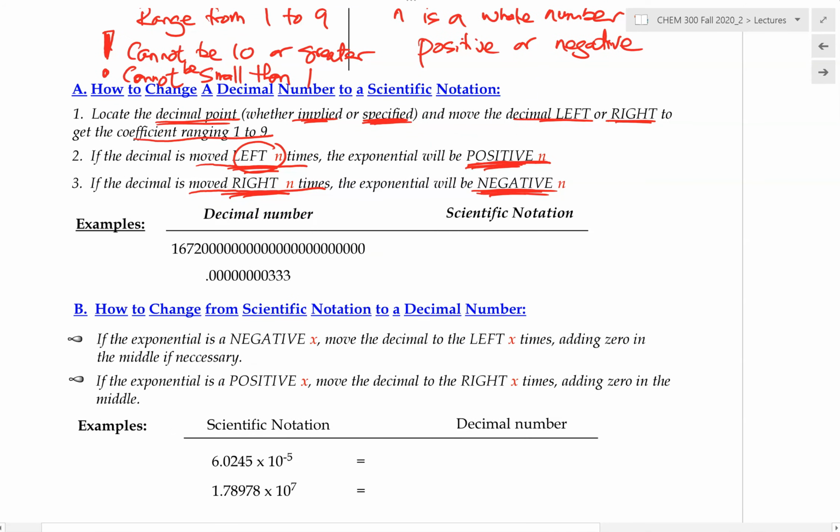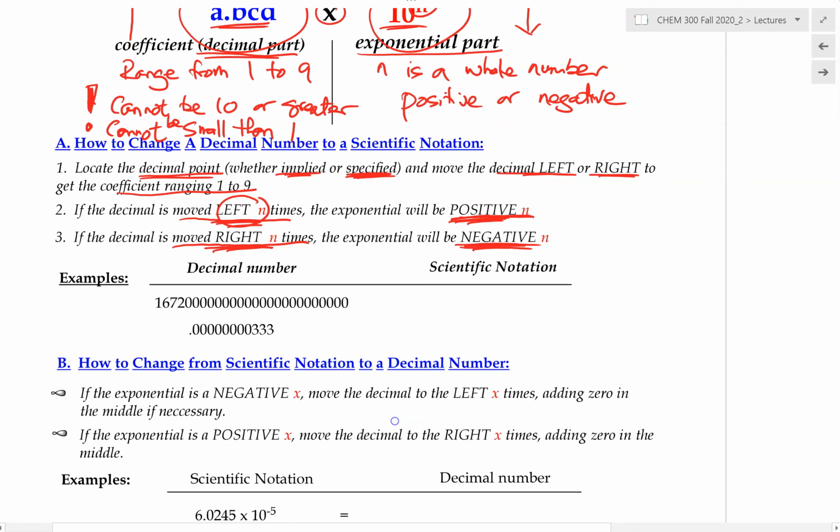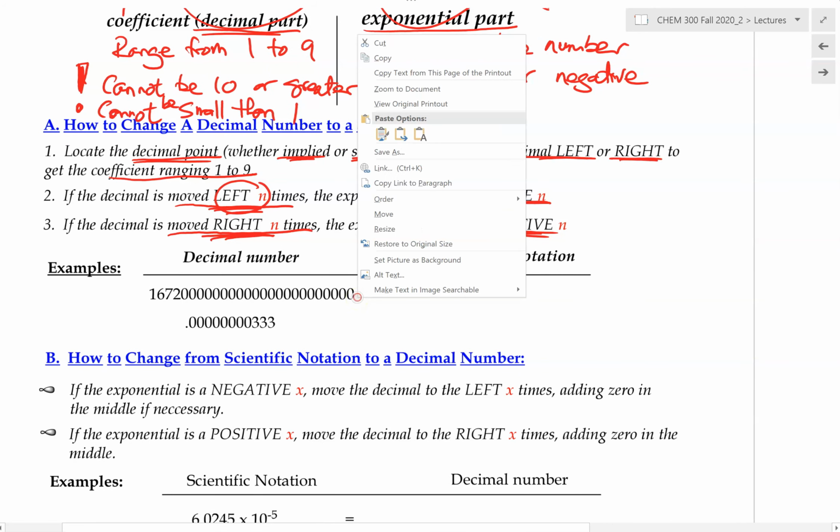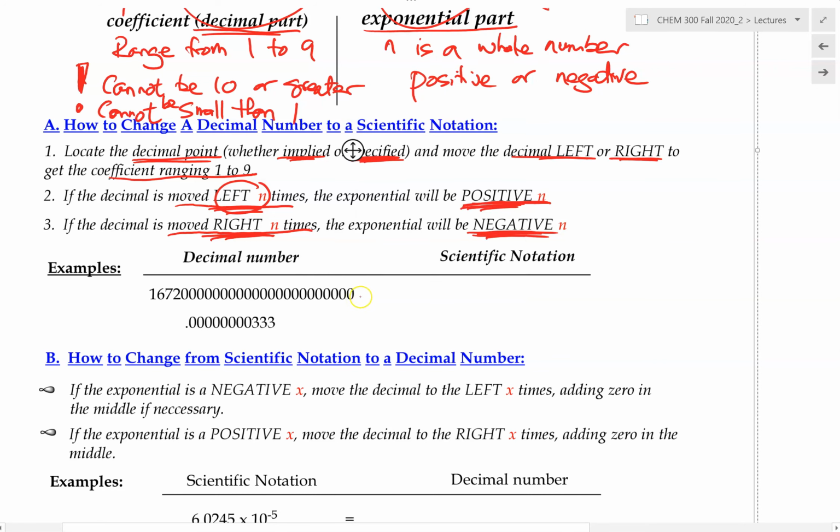And now let's try a few examples right here. With the value that we have seen above, 1672, and here there are a lot of 0s. The first step is for us to locate the decimal point. In this case, the decimal point is implied to be right here. So we do not have a specified decimal point, but we have an implied decimal point in this value.